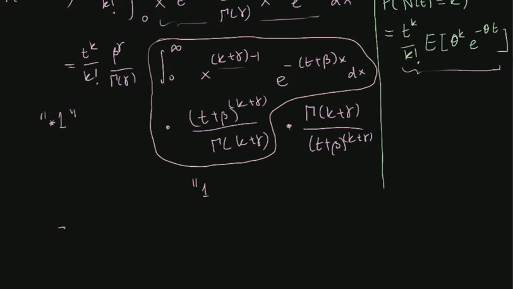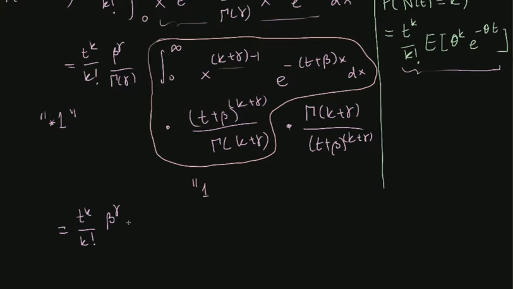And so what we're left with is t to the k divided by k factorial, and then we have beta to the gamma, and what else do we have?